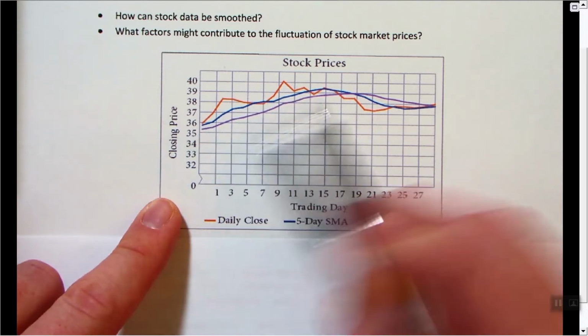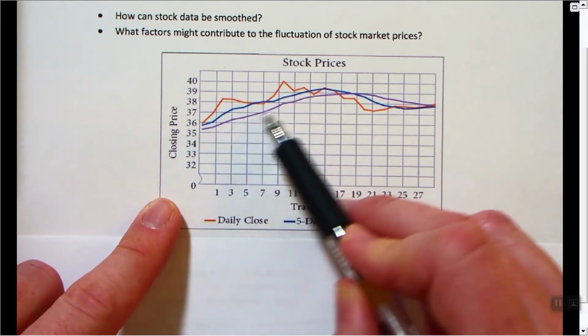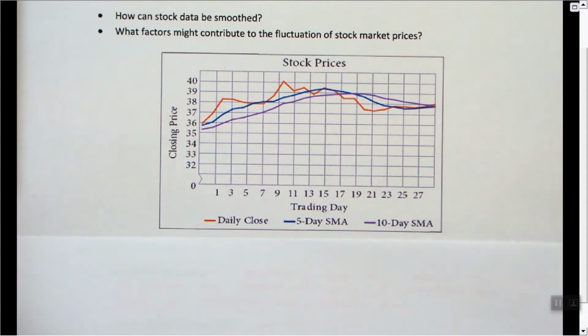But this purple graph takes this peak and that peak very slowly and shows just the general trend. So a smoothing technique for graphs will tell you the general trend of the data, and that might be useful. But there is a lag in that data, so just be aware of that.